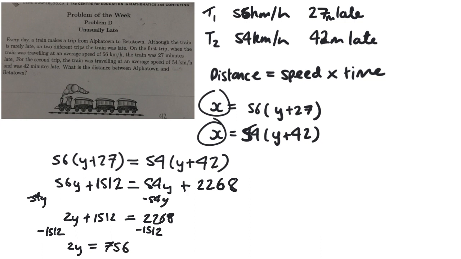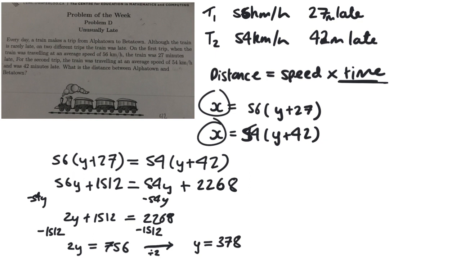And then if we divide each side by 2, sorry, it's a little bit messy there, we get that y equals 378. I did this earlier, I didn't just work that out off the top of my head. So now we know that the time equals 378.